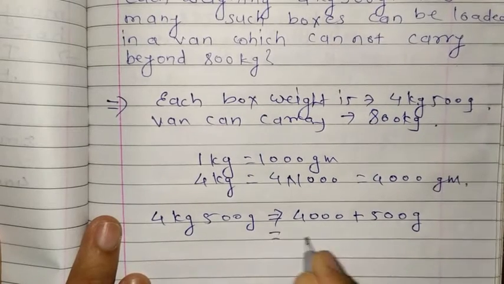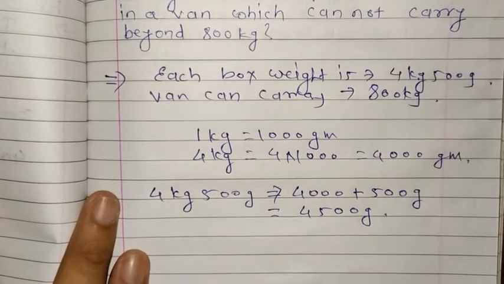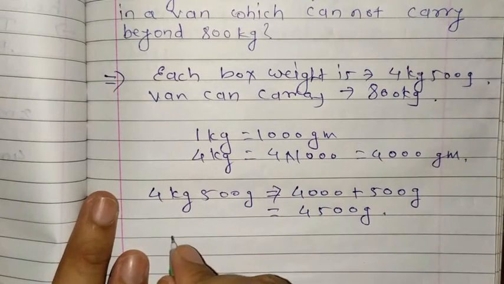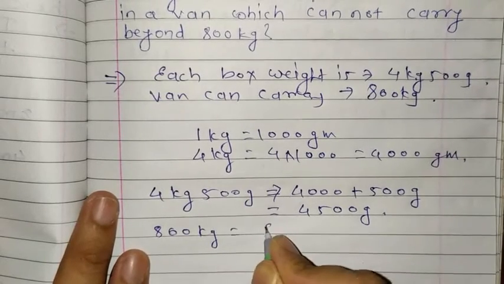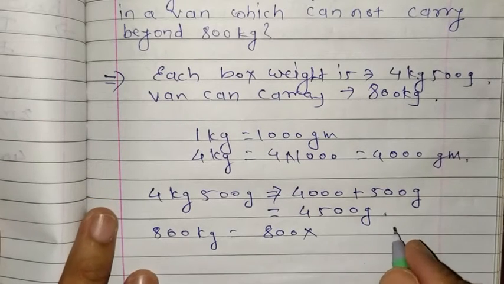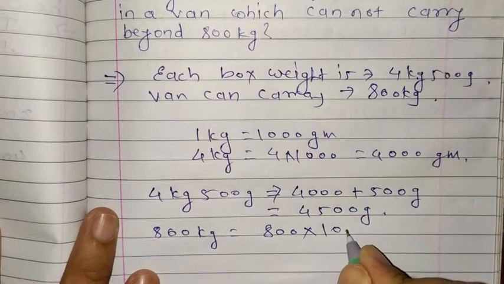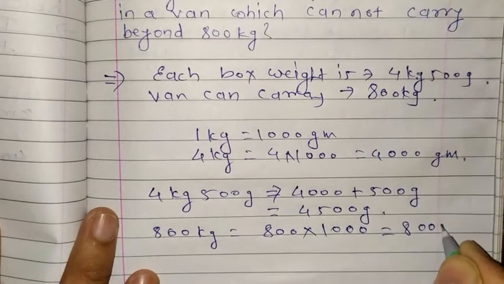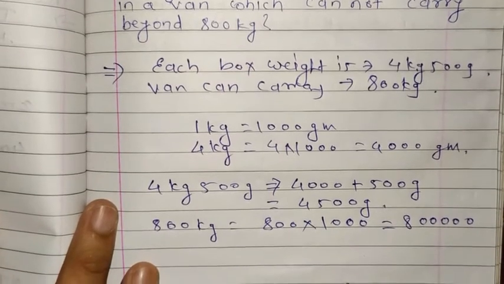It means the total is 4500 gram, and the van can carry 800 kg. That also you convert into gram. So 800 into 1000, after it 5 zeros will be there.